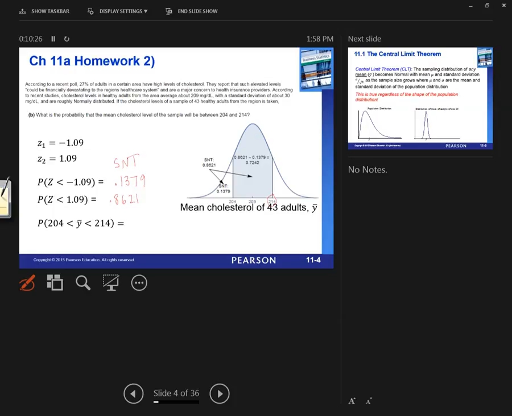So since these two together equal 0.8621, the area that I'm looking for has to be the total area minus the smaller area. I'll just subtract the two values I get out of the table, 0.8621 minus 0.1379, and that equals 0.7242.